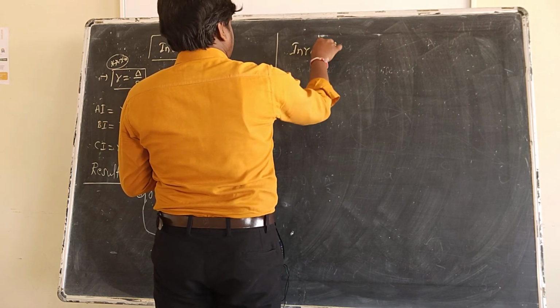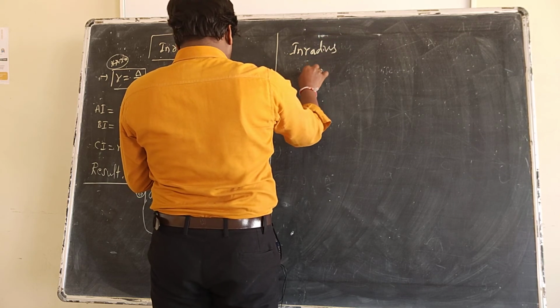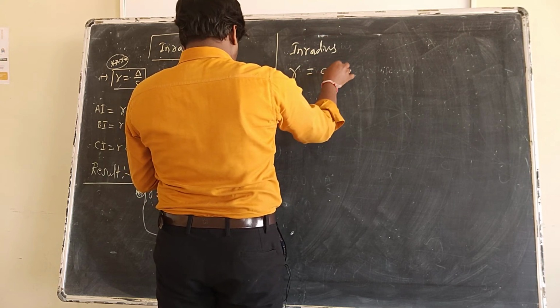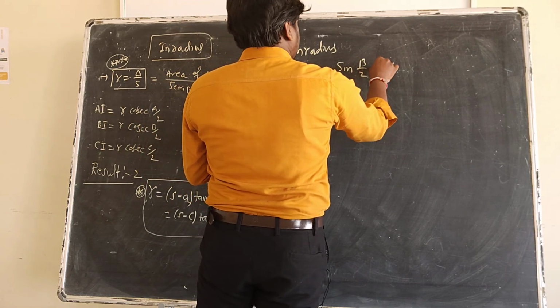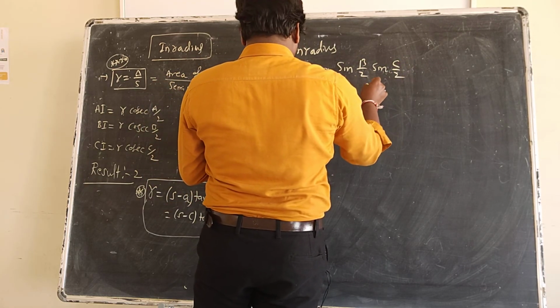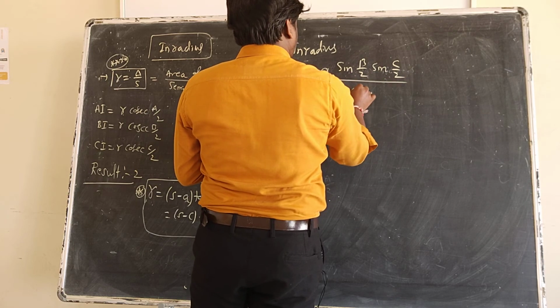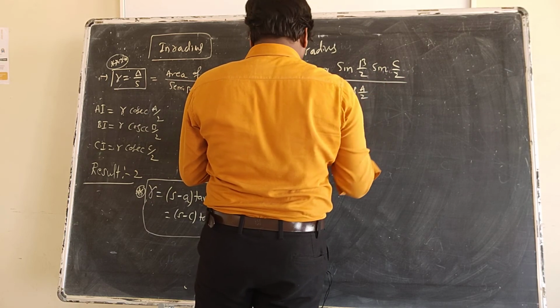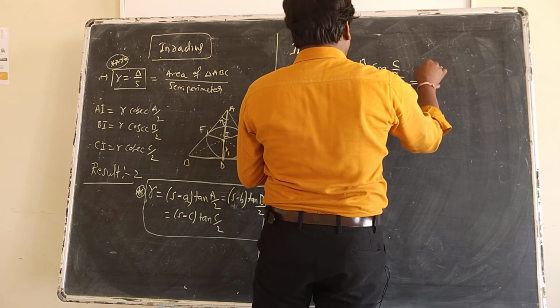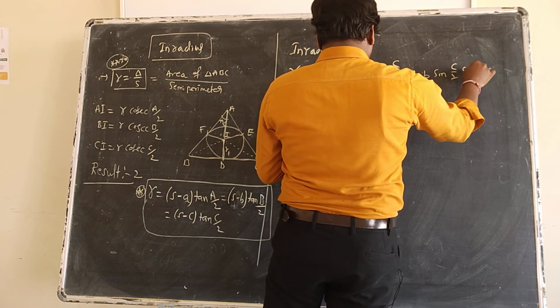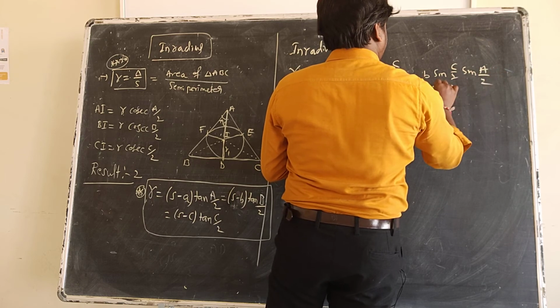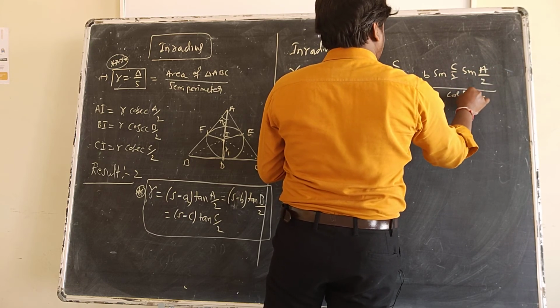To find the in radius, another formula is r equals a into sin B by 2 into sin C by 2 divided by cos A by 2. This is another formula. You can use another formula also: b into sin C by 2 into sin A by 2 divided by cos B by 2.